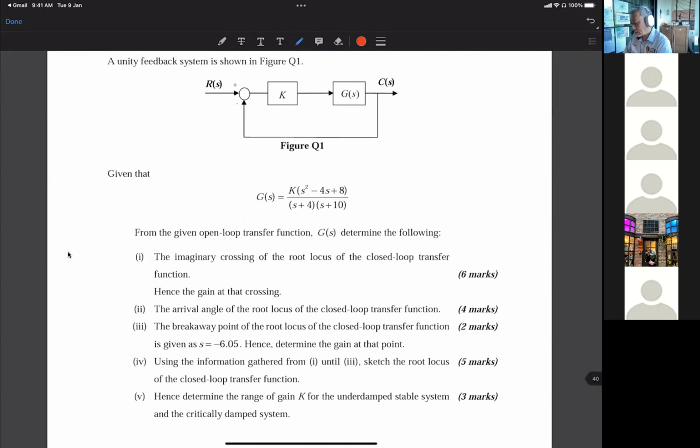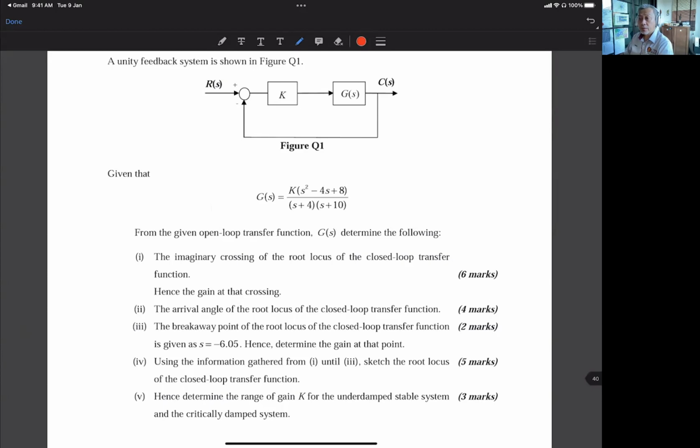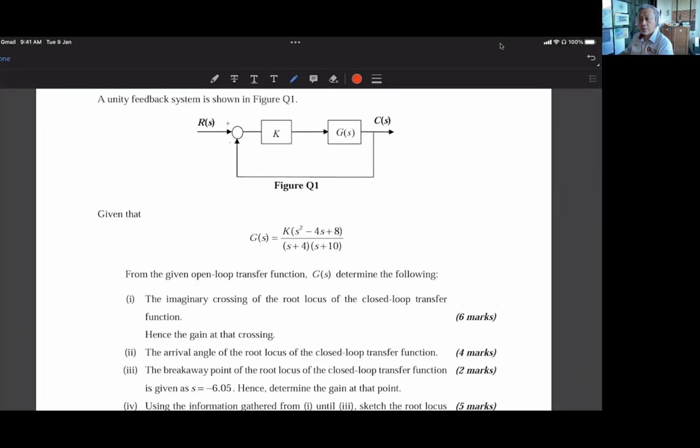Imaginary crossings of the root locus of the closed loop transfer function. So we were given this one.